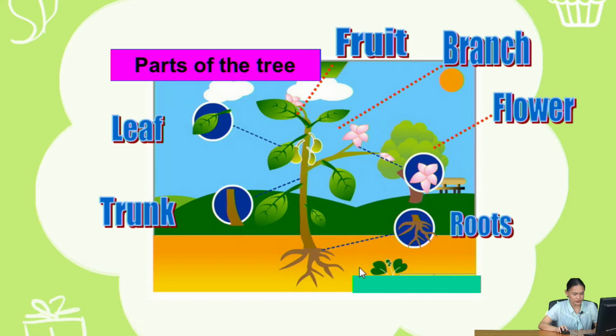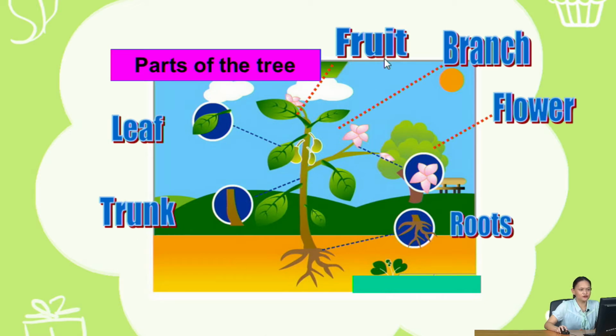So that is roots. Okay, let's go back one more time. This one is a leaf. Next is a trunk. This is an example of a trunk. The long one here, it is a trunk.